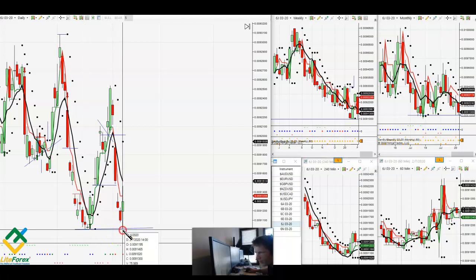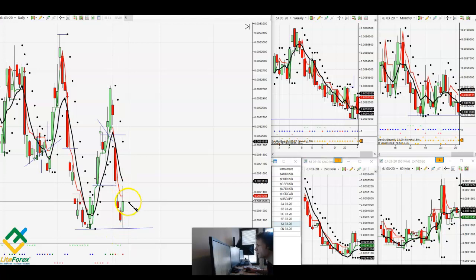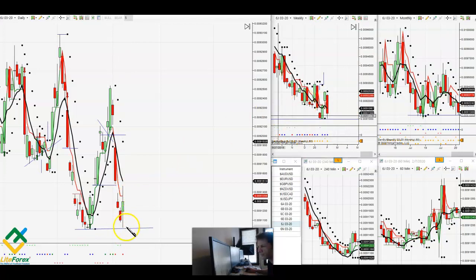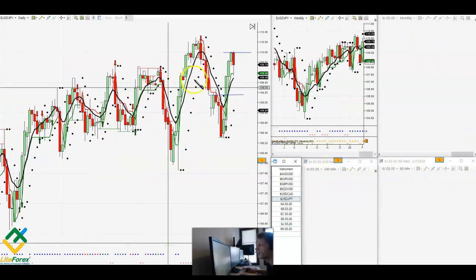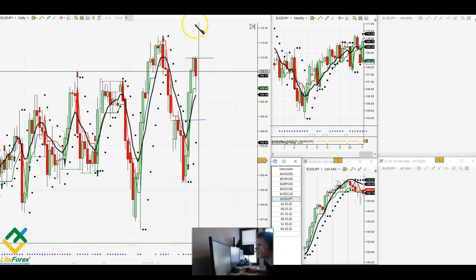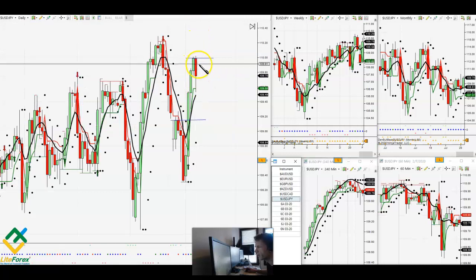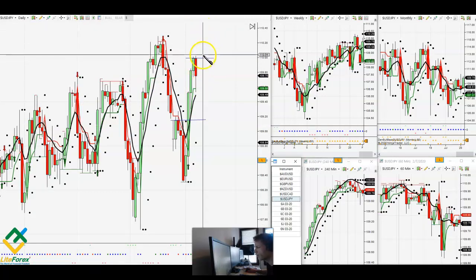We held that support and bounced, so that's quite interesting. Let's see if this can continue the bounce up and the USD yen pulls back more on that resistance at 110. But of course, if it breaks through 110, we have to maintain being bullish on the USD yen.